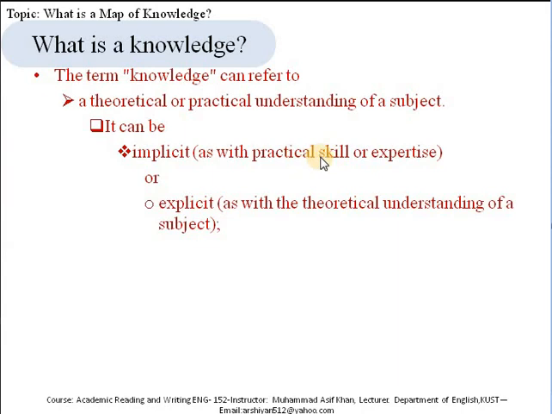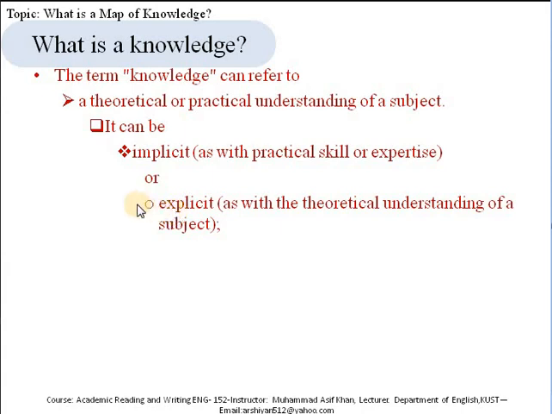On the other side, explicit knowledge is the theoretical understanding of any subject or any topic, and by explicit we mean that knowledge which is stated clearly and in detail, and there is no room for confusion or doubt.